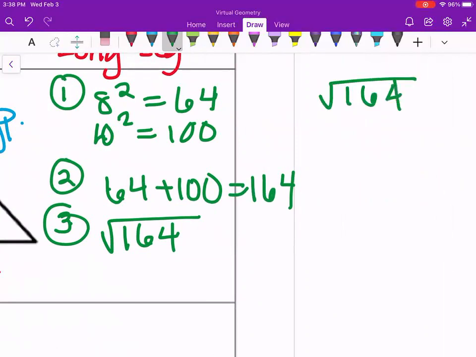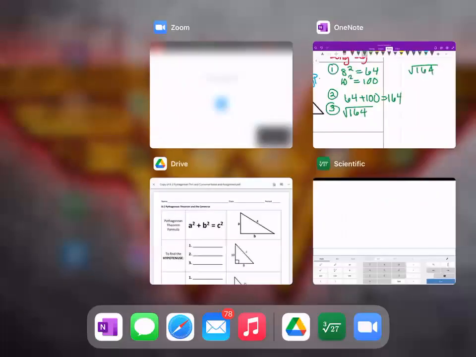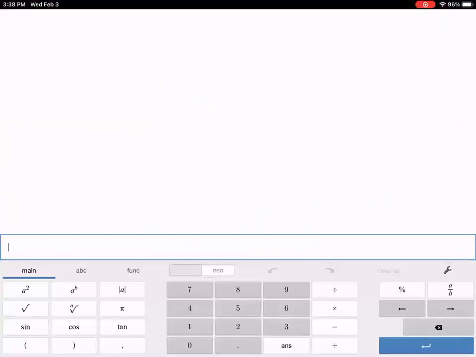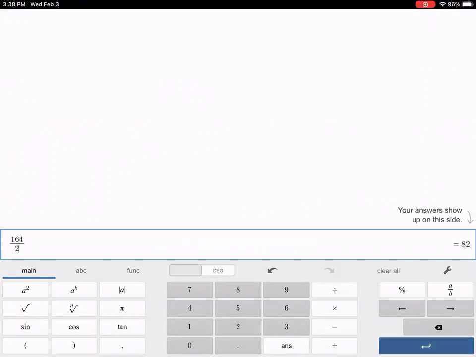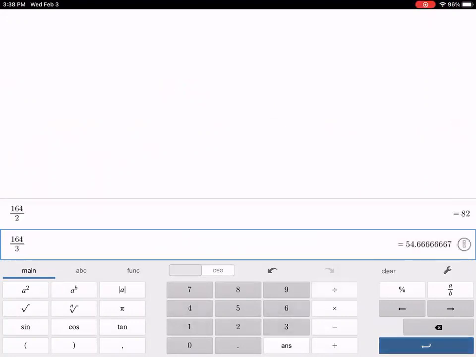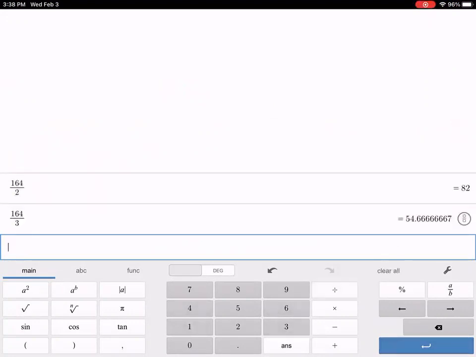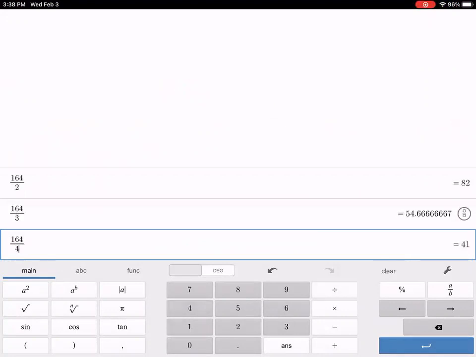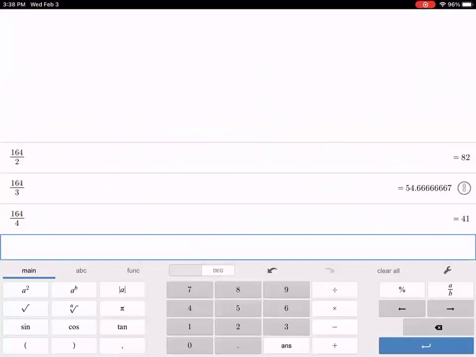So again, if you're not sure about a number that will divide into 164, use your calculator and start small and work your way up. 164 divided by 2 gives us 82, but I'm going to see if there's a little bit bigger one. 164 divided by 3, it gives us a decimal, so 3 won't work. 164 divided by 4 gives us 41.